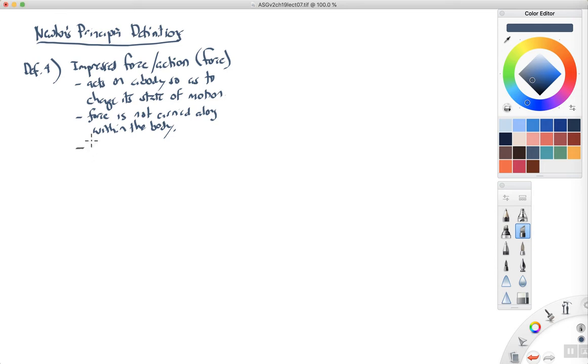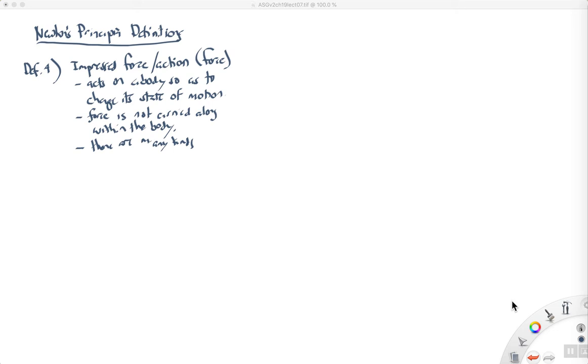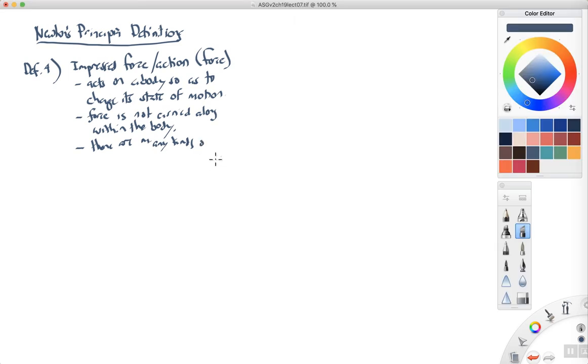Another thing that he points out is that there are many kinds of impressed force. Some examples of these are centripetal forces.